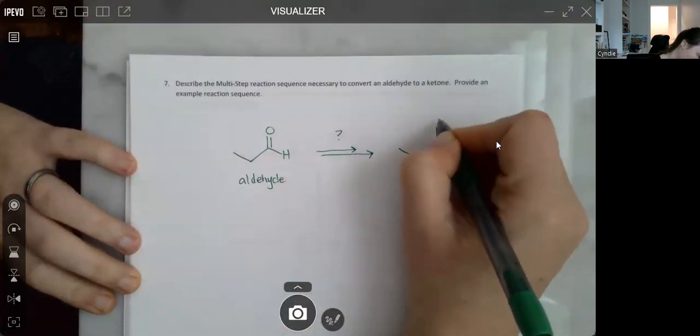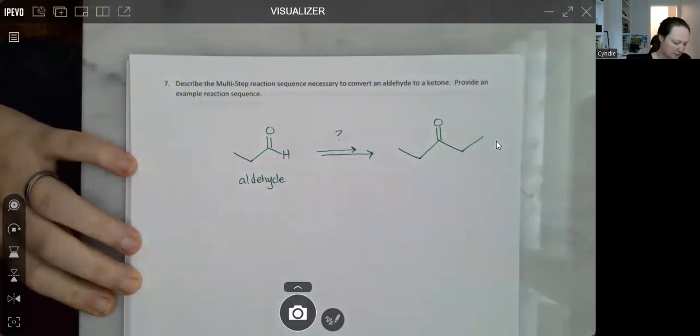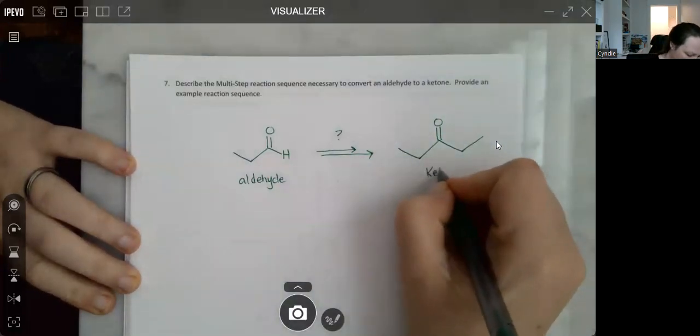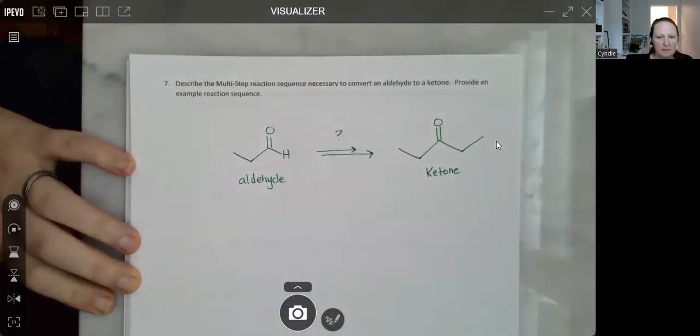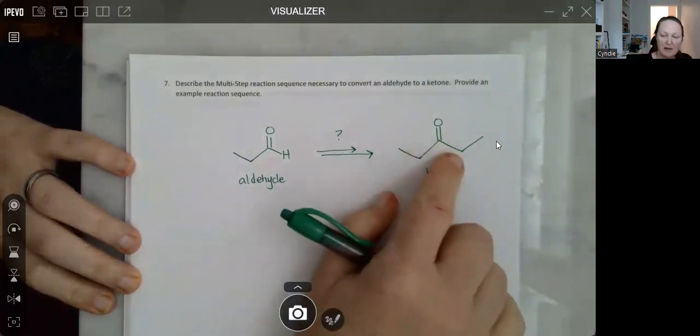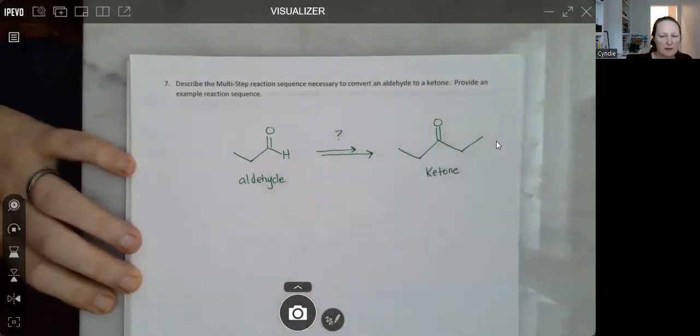Maybe we'll make that ketone. So this is just an example reaction. Other examples might vary, right? Maybe we only added a methyl, or we added something other than ethyl. As long as it's a ketone, it would be a reasonable example reaction here.